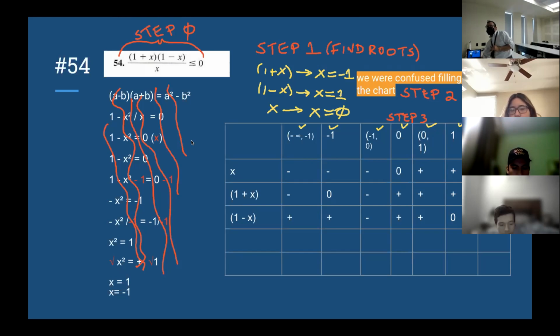So in the first case we've got the x, and so it's going to be minus, 0, plus. That's correct. Then with the 1 minus x, if we substitute from minus infinity to 1, we're going to get a minus. This is a 0.